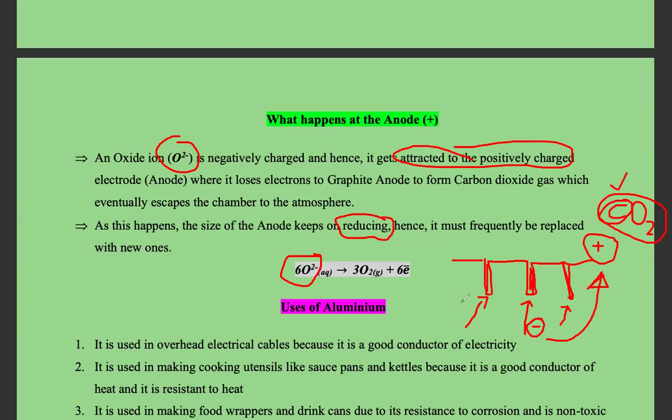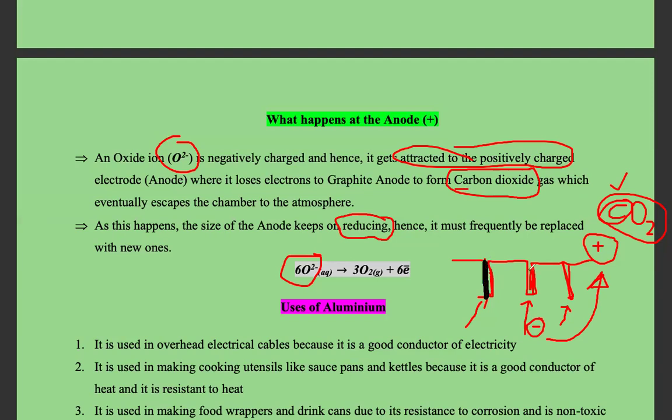So this exactly happens. As this carbon dioxide is formed, the carbon part is coming from the graphite anode. It gets reduced, and reduced. We will reach a point where the size that will remain is quite small, that it cannot do its intended purpose.